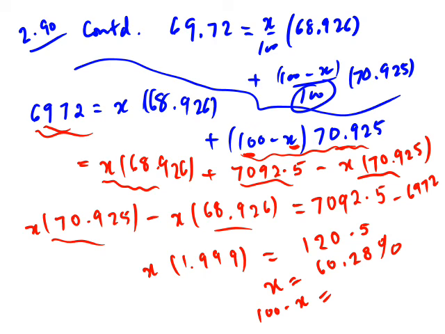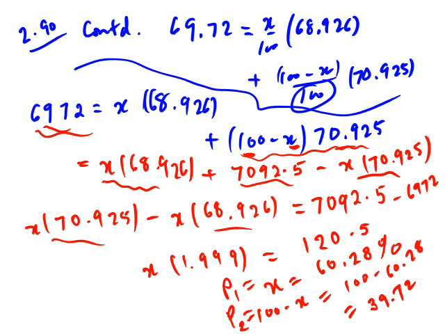So 100 minus 60.28 equals 39.72. Now, since we have been using familiar symbols like P1 and P2, x is going to be P1, if you consider it that way, and 100 minus x is going to be P2, or percent of isotope 1 and percent of isotope 2.